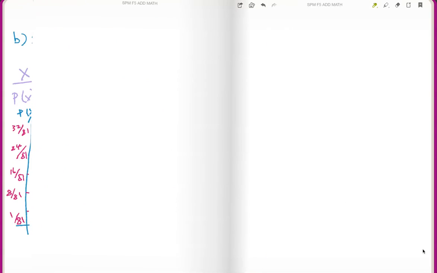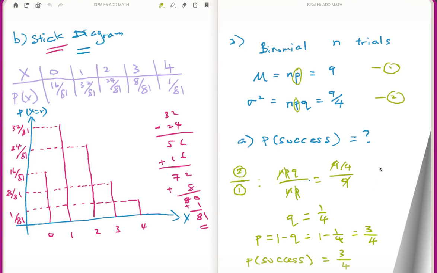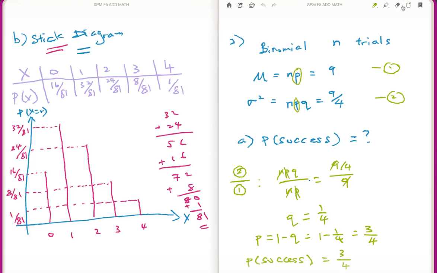Next, they ask what is n? I'll do it on the same page. Part B. What's n? It's so much easier now that you have the probability of success. So I have n times 3 over 4, n times p is 9.